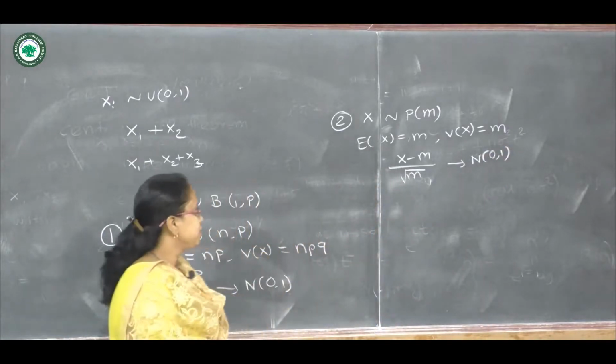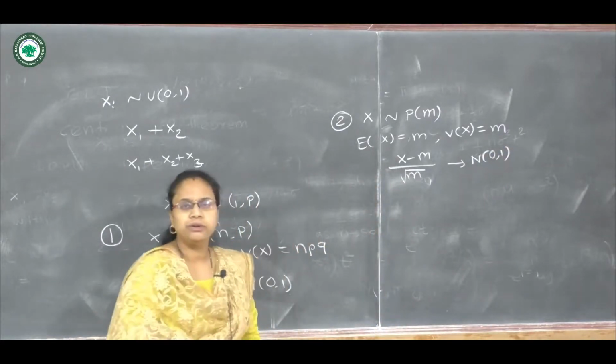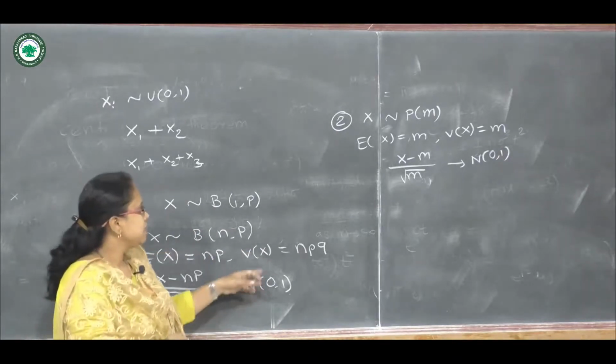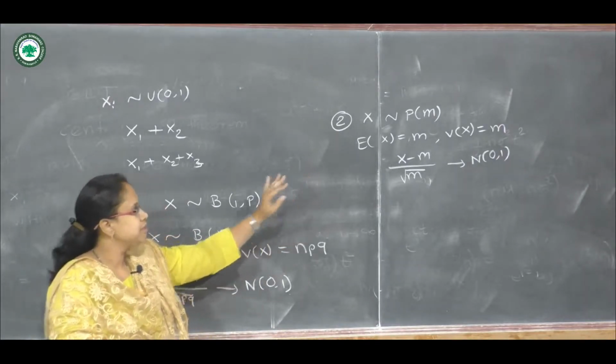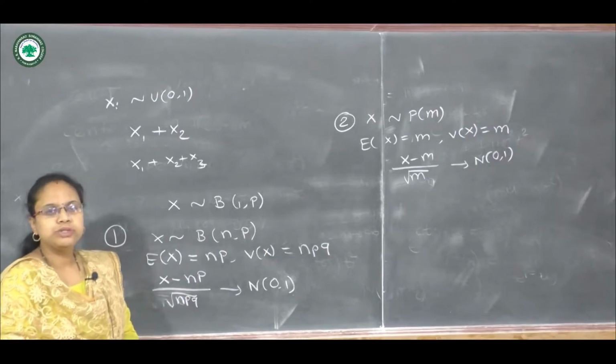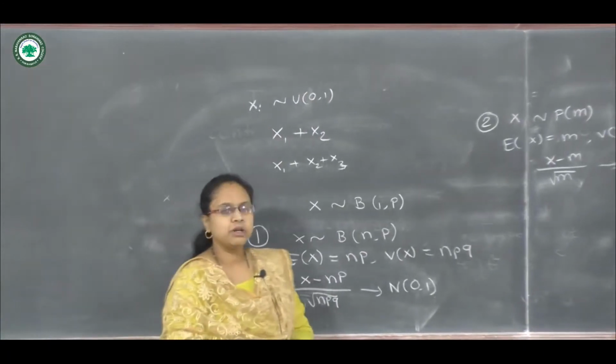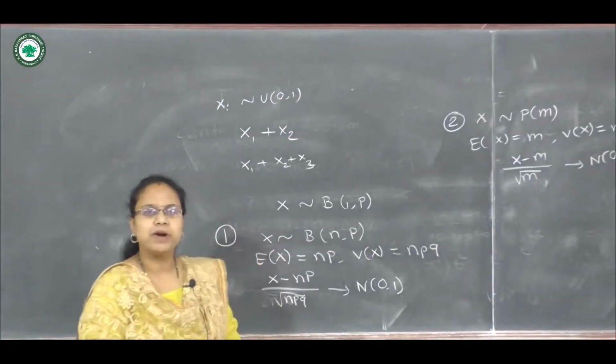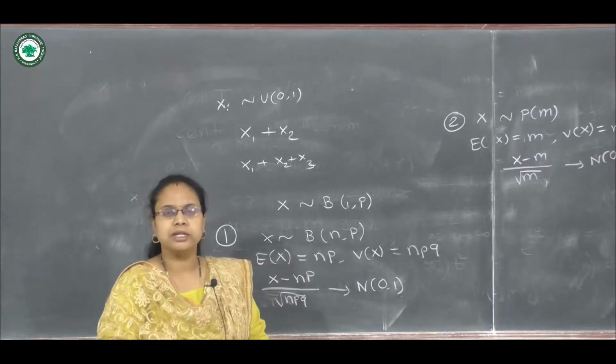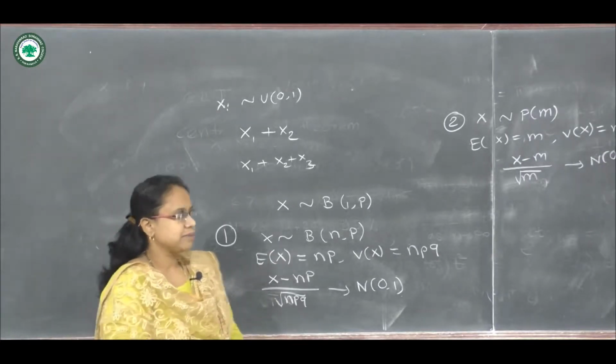The proofs of these two theorems are not included in the SY BSc statistics syllabus, but there are only these two statements. So this is the application of central limit theorem. It has a wide range of applications in many fields.